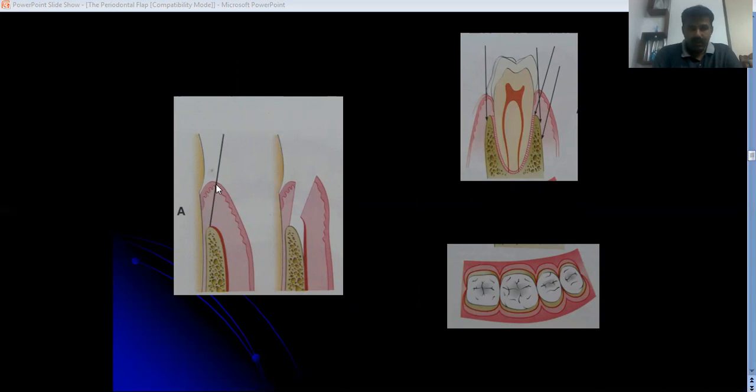So when you put an incision like this and reflect this, and after putting the second incision here, this triangular part of tissue forms the pocket lining. So basically you want to remove this pocket lining. That is the basic idea of doing this internal incision. This is almost at 15 degrees to the long axis of the tooth. We do this internal bevel incision.